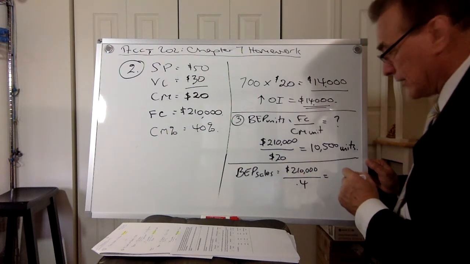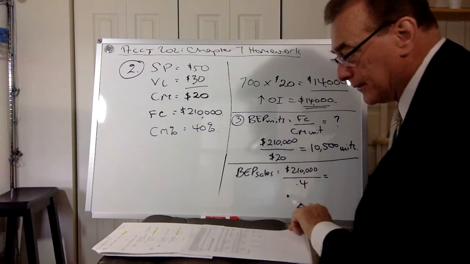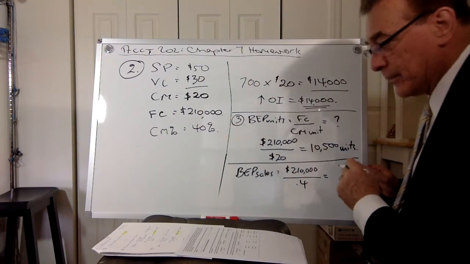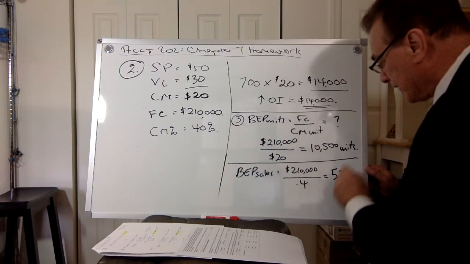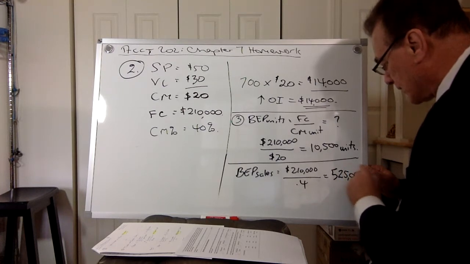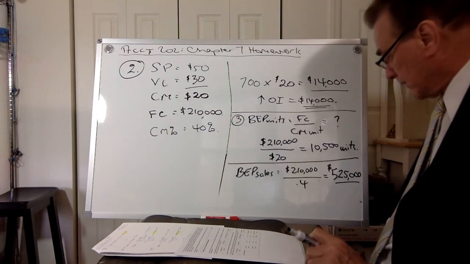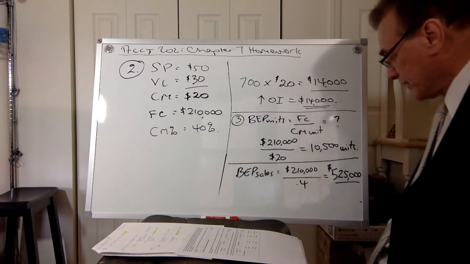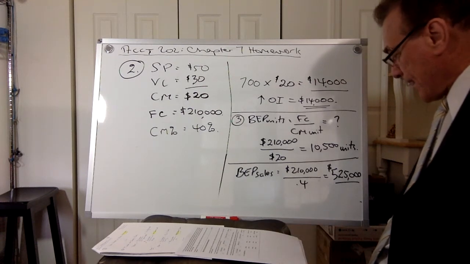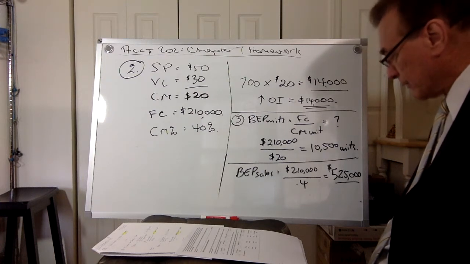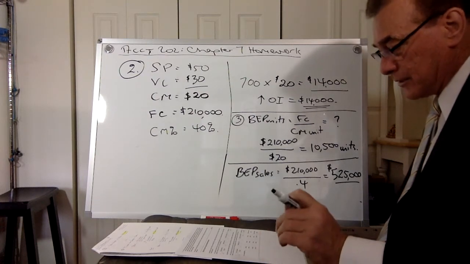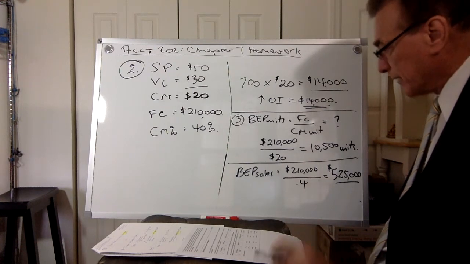So 210,000 divided by 0.4, you get $525,000. So if they make $525,000 in ticket sales, they'll break even.